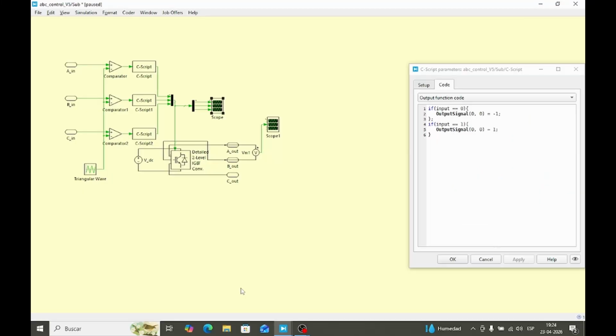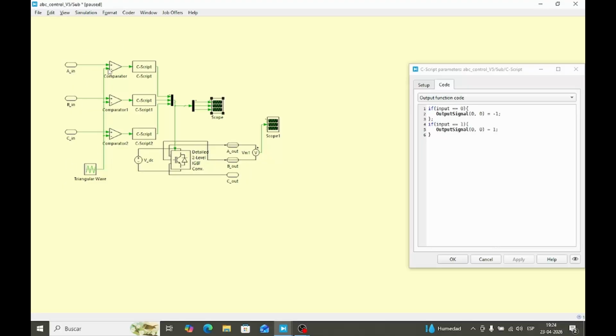This is the subsystem. It receives 3 signals that come from the PID controller in the ABC coordinates, not the DQ coordinates. Each is a reference for the respective phase of the voltage for the sinusoidal wave of a determined frequency.